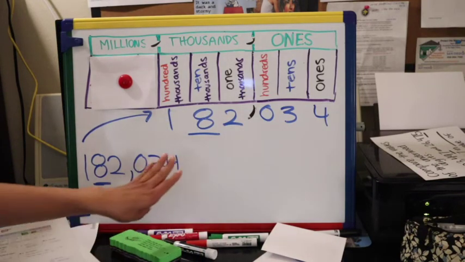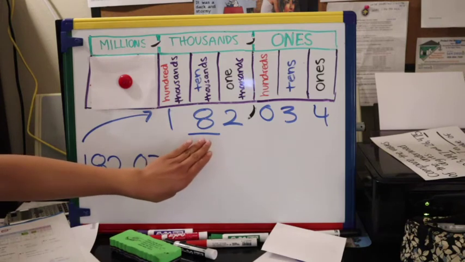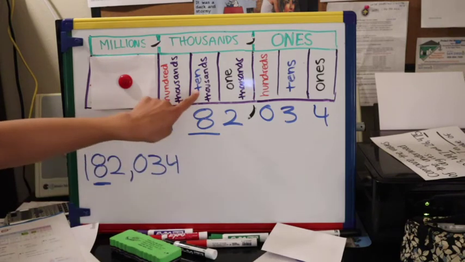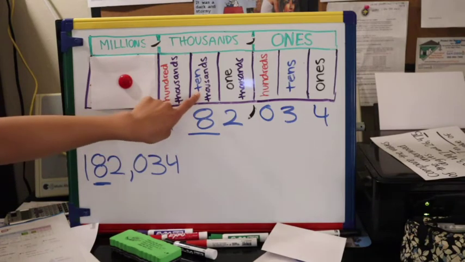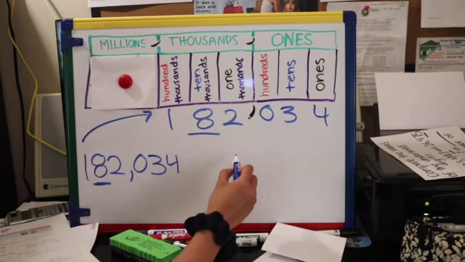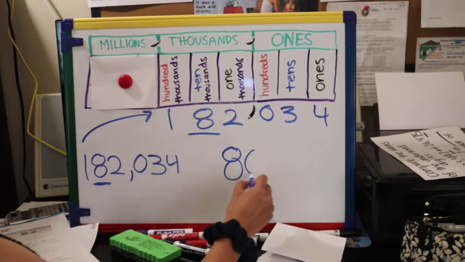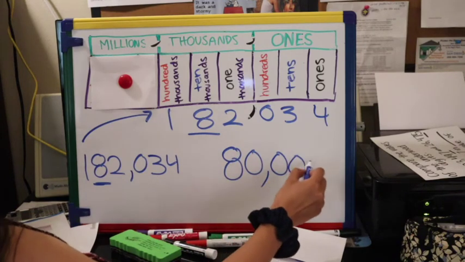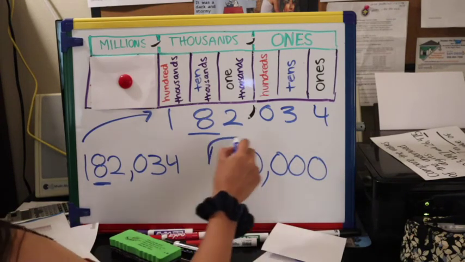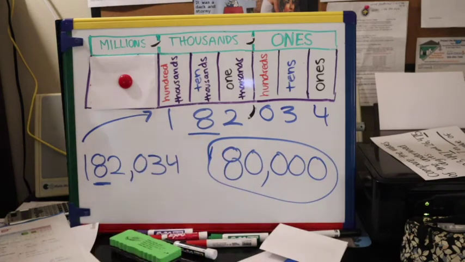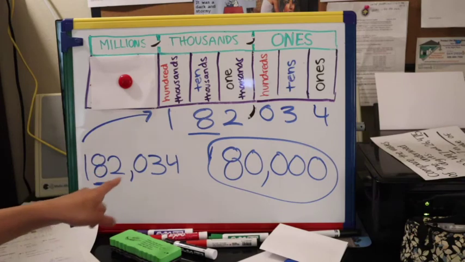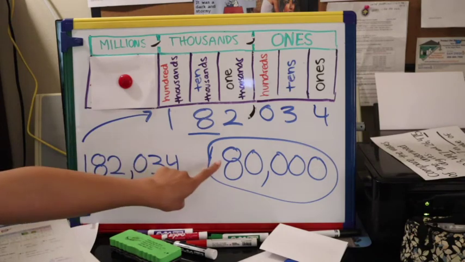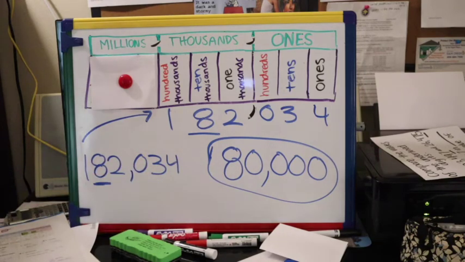Alrighty, so I'm going to take a look, and it looks like my 8 is in the 10,000s place. So 8 times 10,000 is going to be 80,000. So the value of 8 in 182,034 is 80,000.